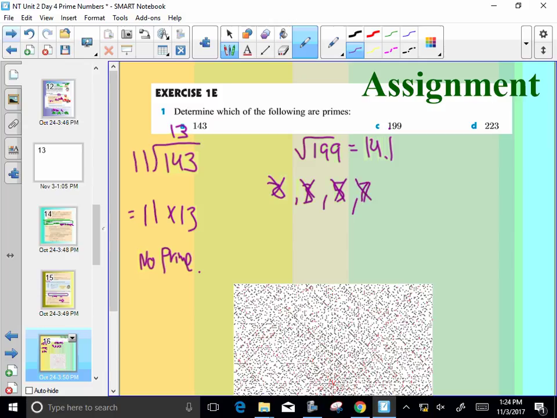Nope. How about 11? Nope. And should we try 13? Yeah, let's try 13. Does 13 work? No, it doesn't. Do we need to try 17? Nope, it's too big. So therefore, this one is a prime. You tried 223.